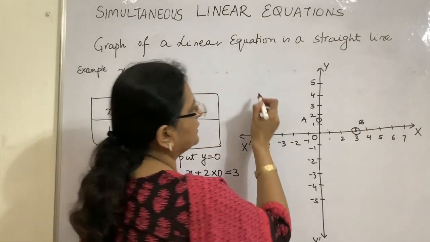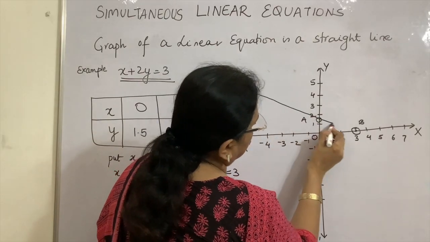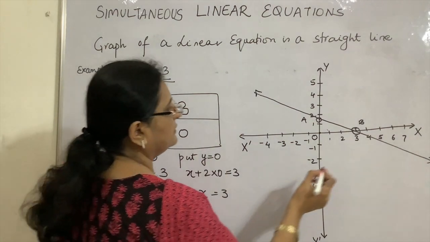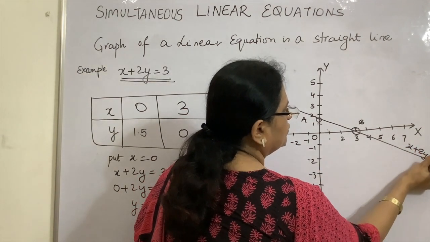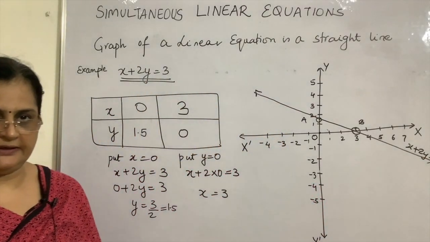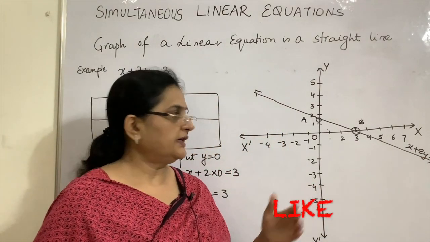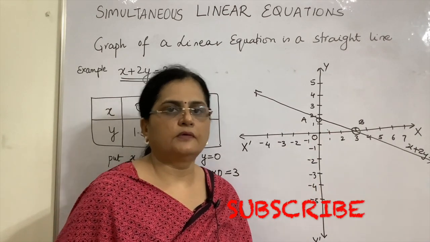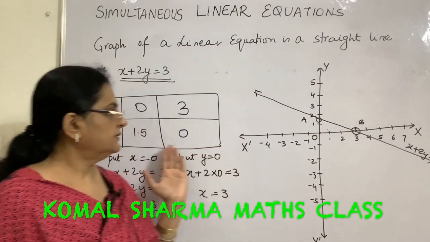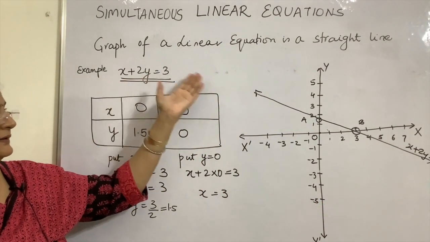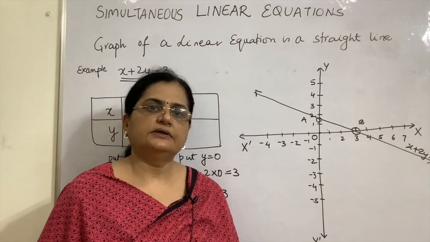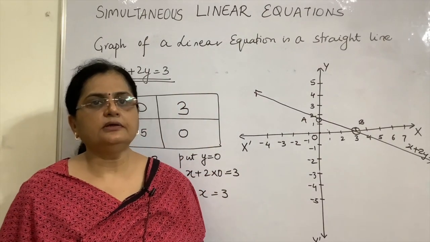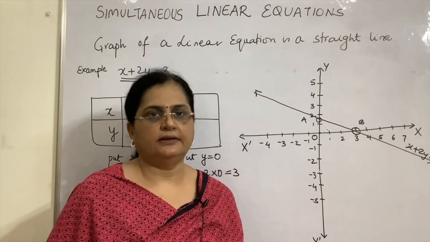You join them with a straight line, and this will be the graph of the line x plus 2y is equal to 3. This I have done only for one line. You can also do it for more than one line over here. But we just wanted to prove that the graph of a linear equation is a straight line. Always remember, graph of a linear equation will be a straight line.